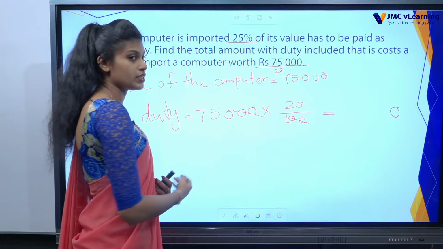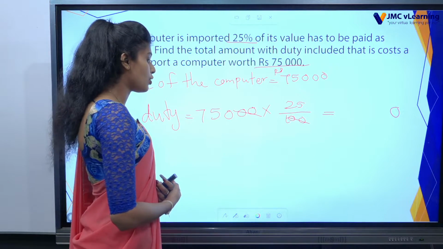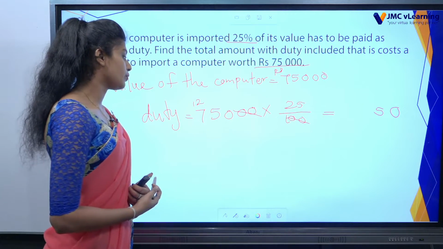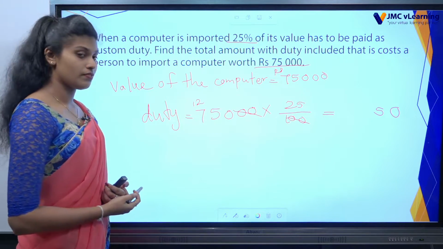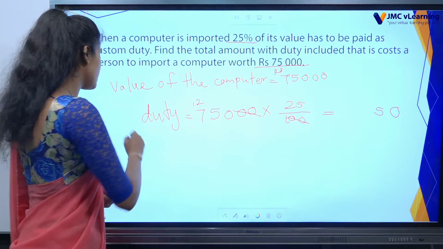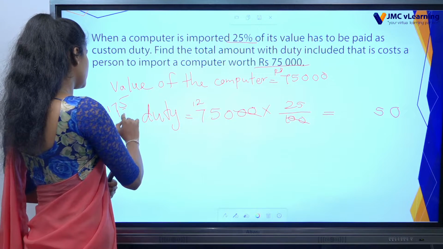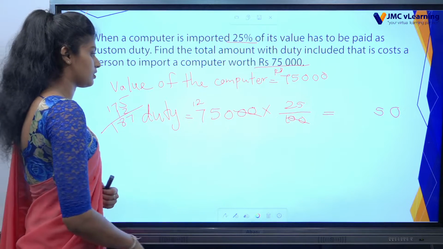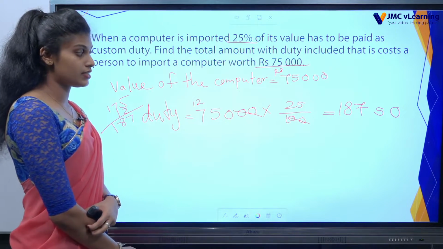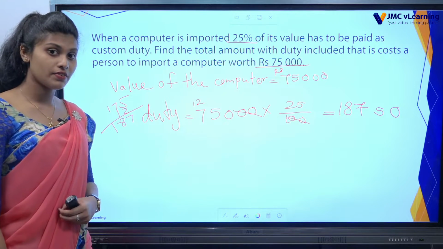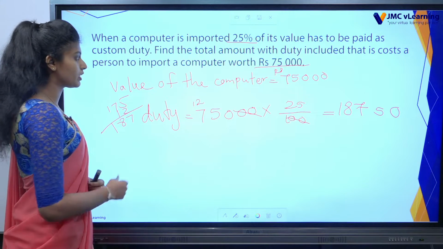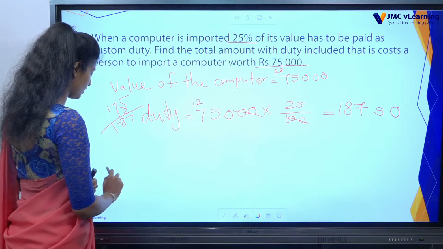Then 75 into 5. What is the answer? 125. Put 5 here, 12 left. Then 25 into 7. What is the answer? 175. 175 add this 12, then the answer is 187. Then how much is the duty? 18,750 rupees.